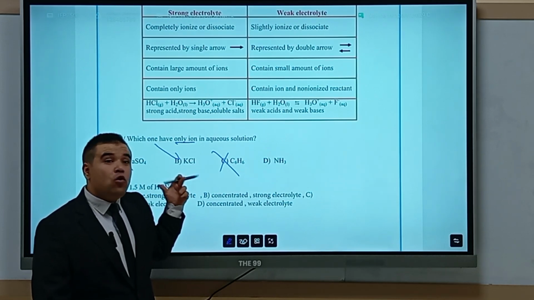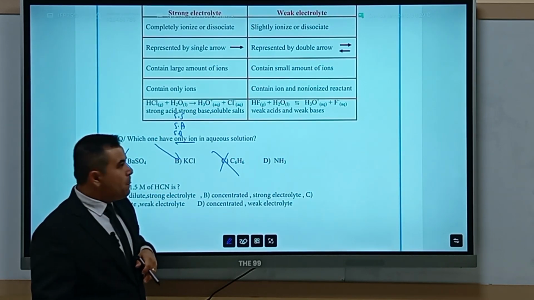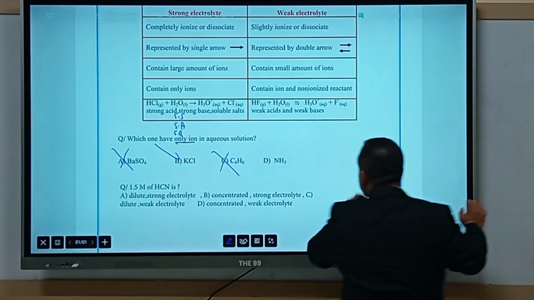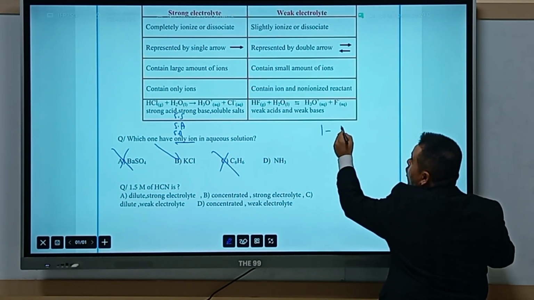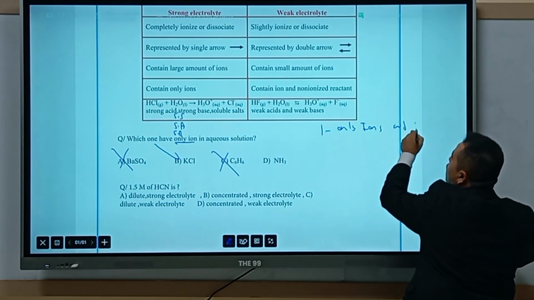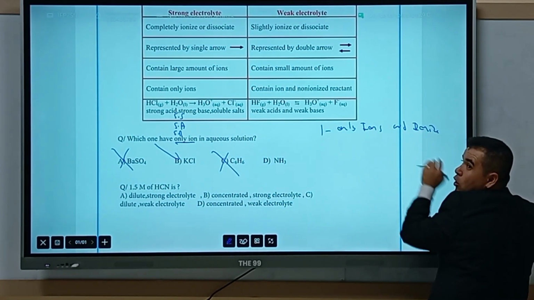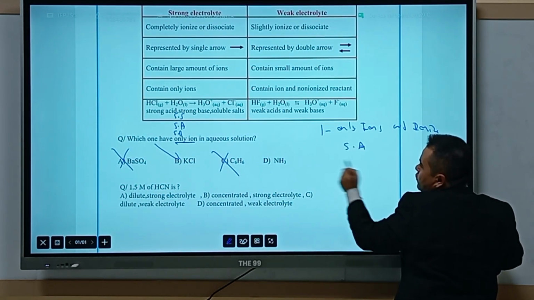Whenever it says only ions, you have to choose strong acid, strong base, soluble salt. But if it says only ions and ionize, strong acid is the answer.